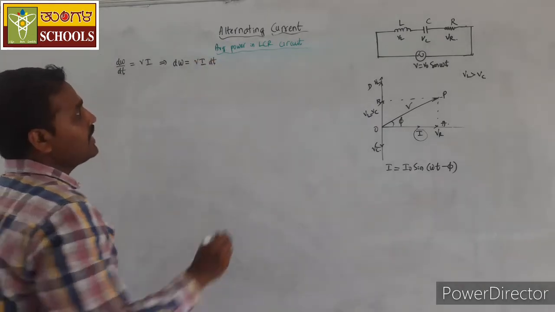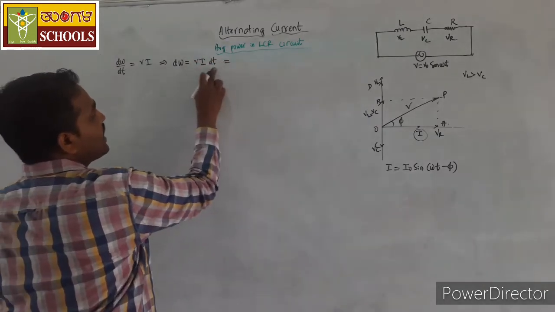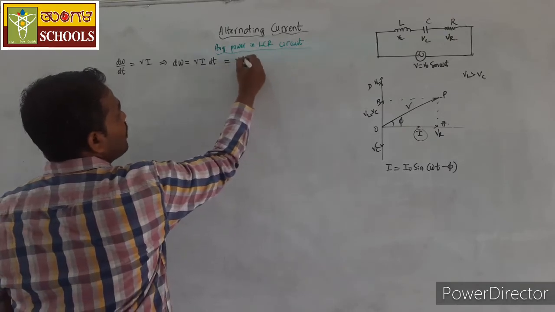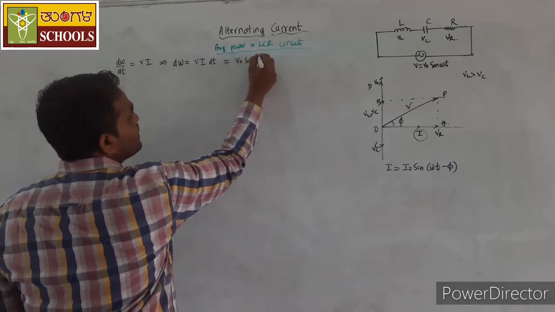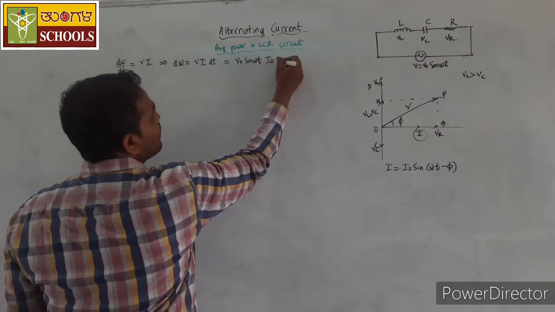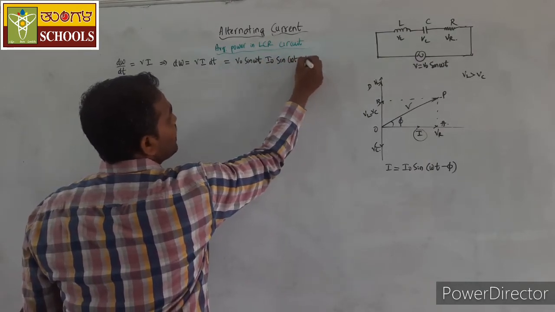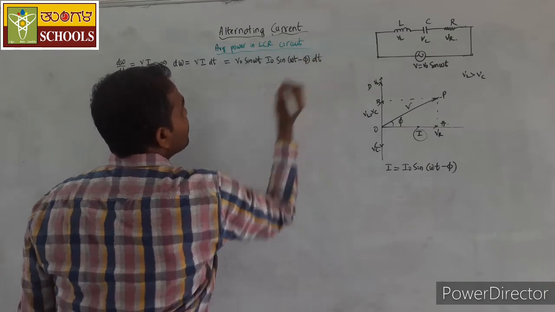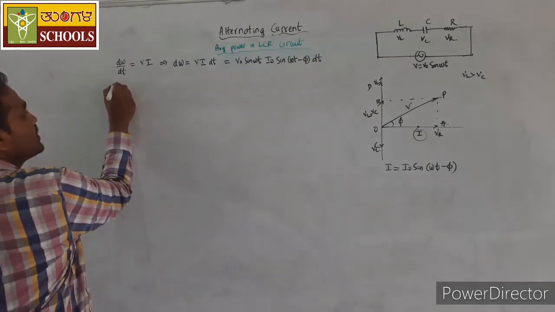dW as VI into dt. Let us substitute the values of V and I: V0 sin omega t into I0 sin(omega t minus phi) into dt. So this is the small work done.